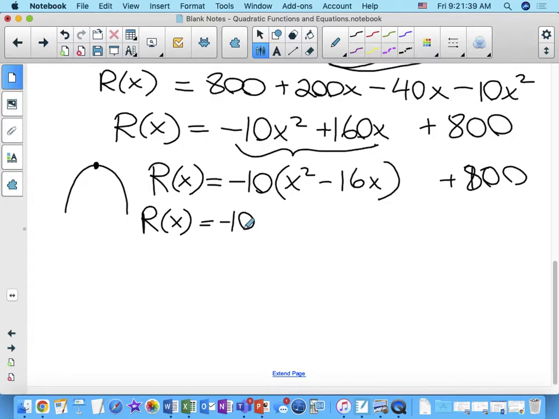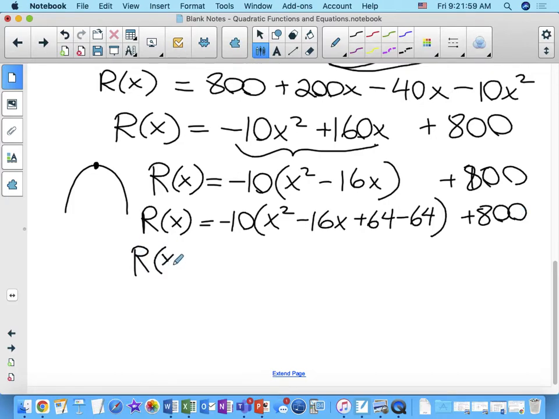What's negative 8 squared? 64. So, and then I add and subtract that inside the bracket. Okay? All right. Now what?